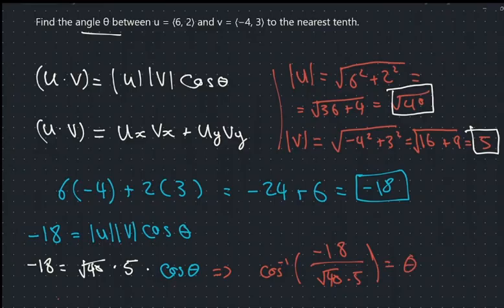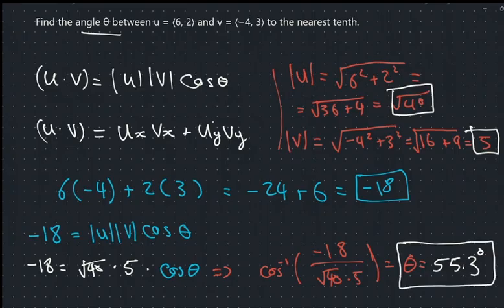And of course, this step you can do straight away using the calculator. However, I just simplified it here. And we will get theta is equal to some value, which I'm going to calculate right now. So cosine inverse of negative 18 over root 40 times 5, and the answer is 55.3. So the answer here is 55.3 degrees. And this is the answer to the question. Let's kind of revise.